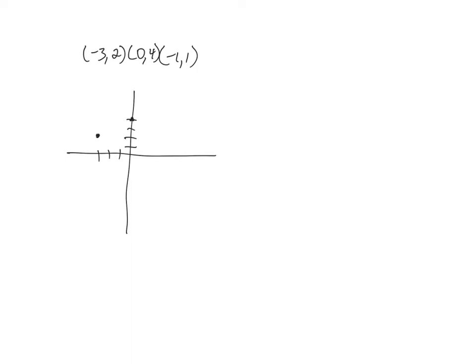So let's say we had -3, 2, 0, 4, and -1, 1. So -3, 2, 0, 4, and -1, 1. Let's make that a little bit better.